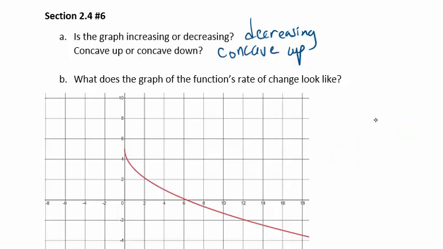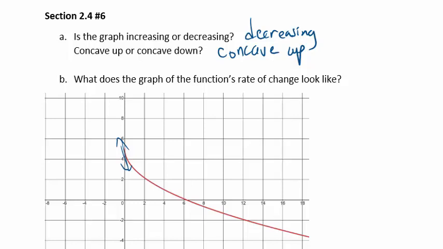Lastly, we're asked to determine what the graph of the rate of change function would look like. Okay, so this is a little bit harder to tell. We want to look at what is happening. Think about analyzing the slope of a tangent line at many different places.